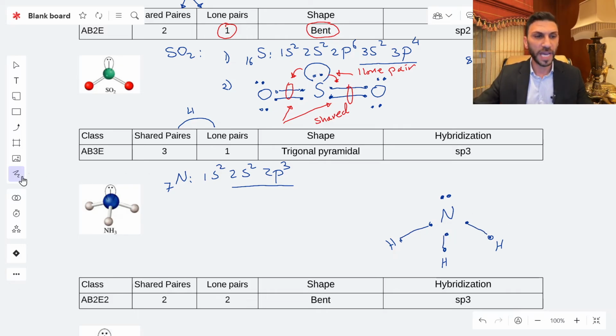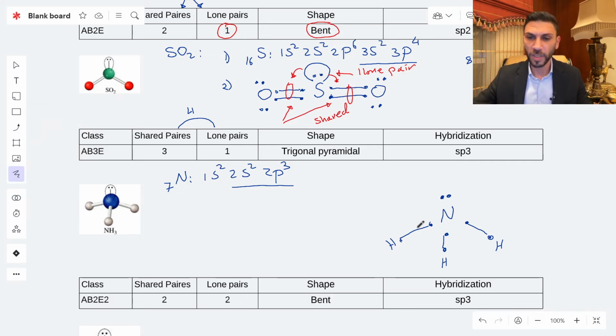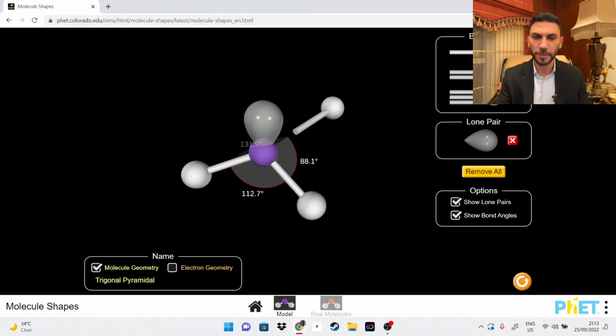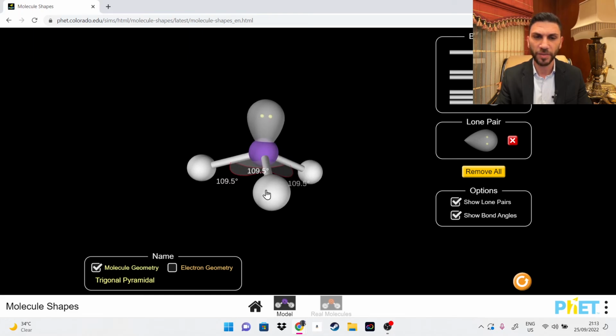That means in this case, we have 3 shared pairs and we have 1 lone pair. If we check the geometry here, if I have 3 shared pairs, as you can see, this is the nitrogen in the center, 3 hydrogen atoms, and this is 1 lone pair.